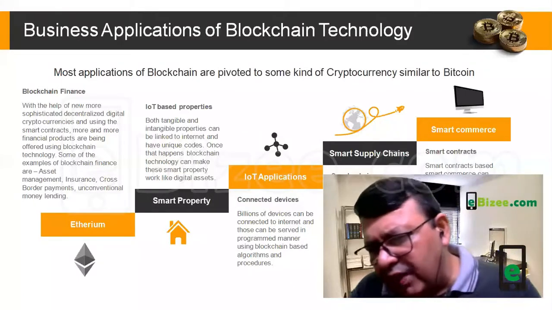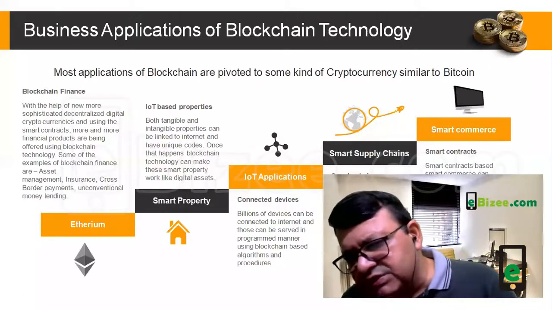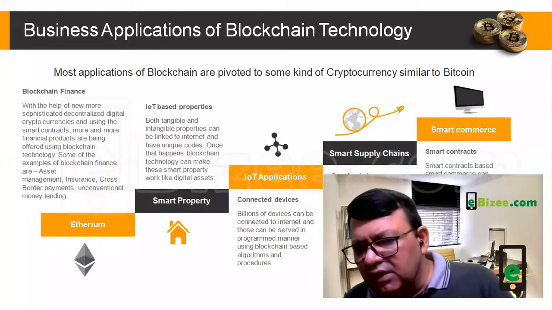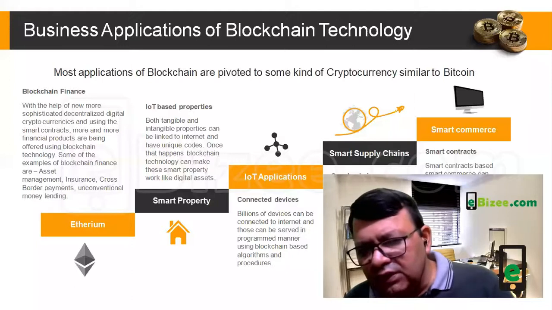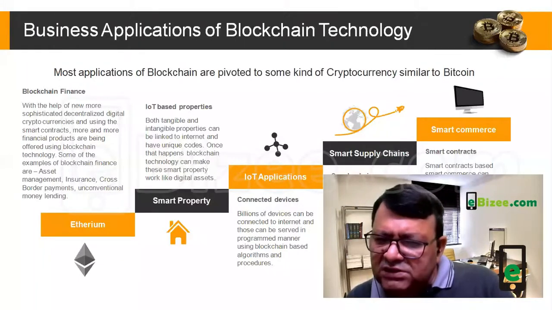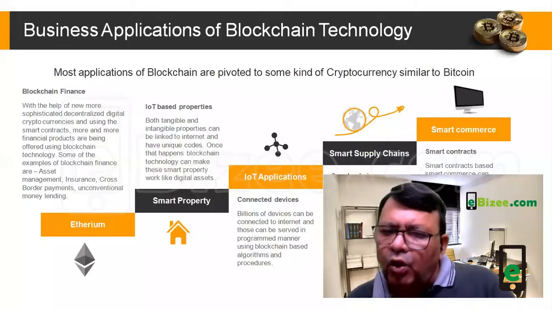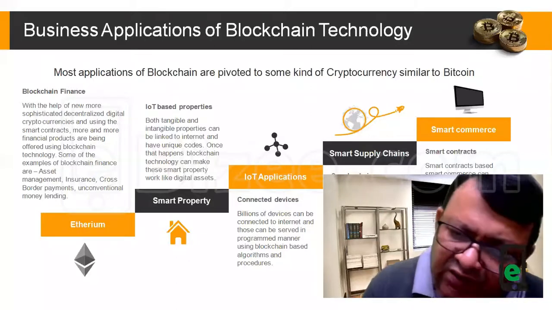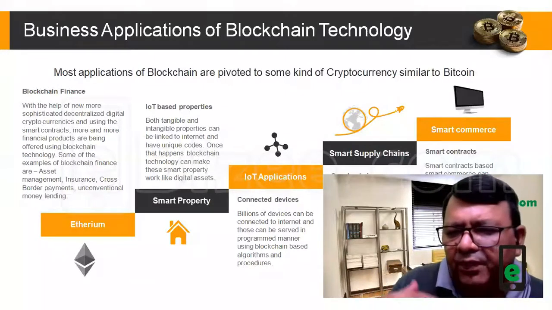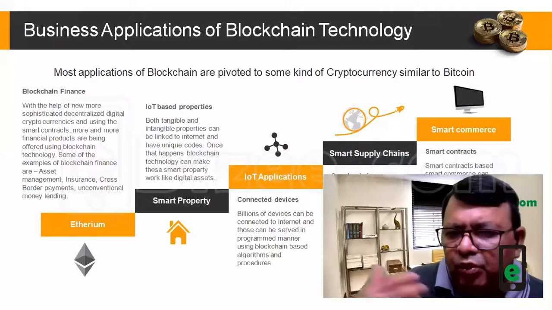There are various kinds of applications and services which can be built around the so-called Internet of Things related to the smart property. And as such, the Internet of Things can be used in all kinds of physical and non-physical devices, which can be linked to the internet with some ports.